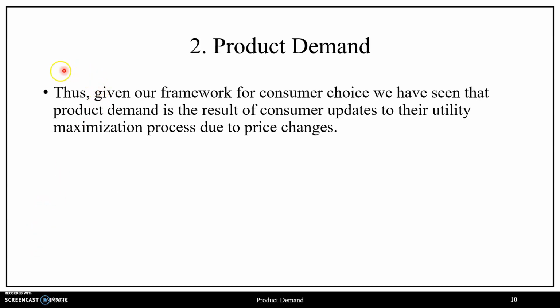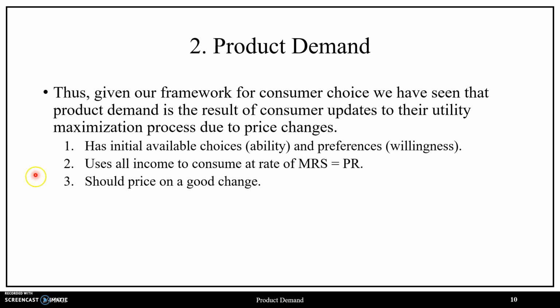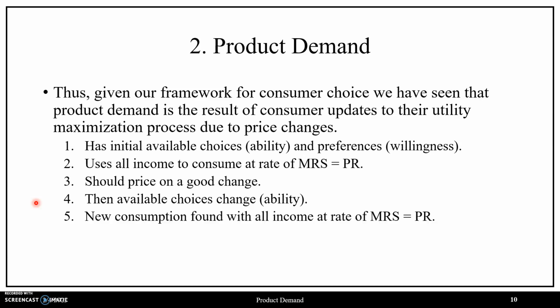So then, overall, given our framework for consumer choice, we have seen that product demand is the result of consumer updates to their utility maximization process due to price changes, in that the consumer has initial available choices, that is their ability, and they have preferences as well, which represent their willingness. They use all of their income to consume at the rate of the marginal rate of substitution equaling the price ratio, and should the price on a good change, then their available choices will change, which affects their ability.